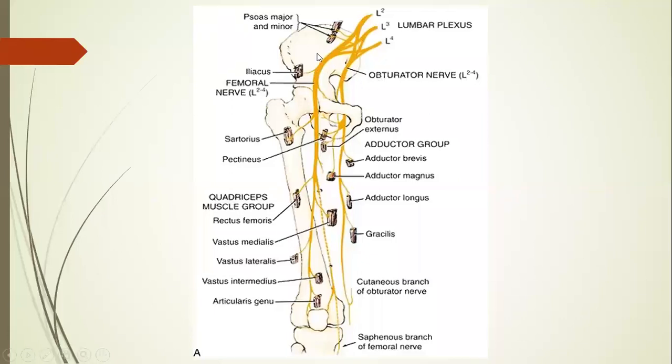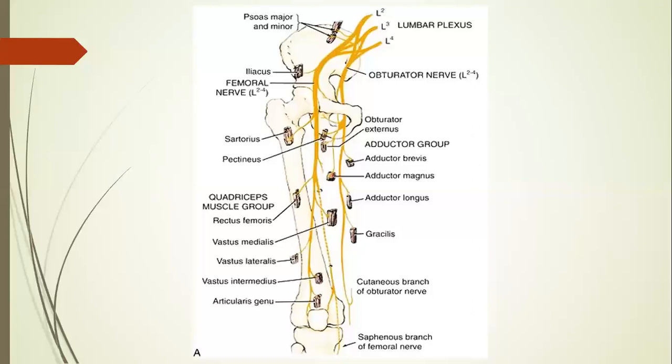Now look at this picture once again and recall your knowledge from the nervous system. In the plexus of the limbs, the anterior deviants mainly supply the flexor muscles, and the posterior deviants only supply the extensor muscles.